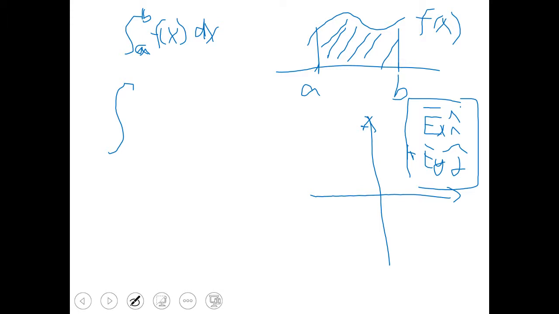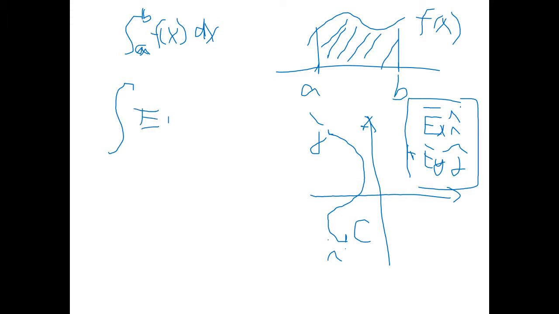So maybe you can integrate this field along any path you like. Maybe I can call it C, from the initial point to the final point. Actually, it is nothing but E dot ds from I to j.